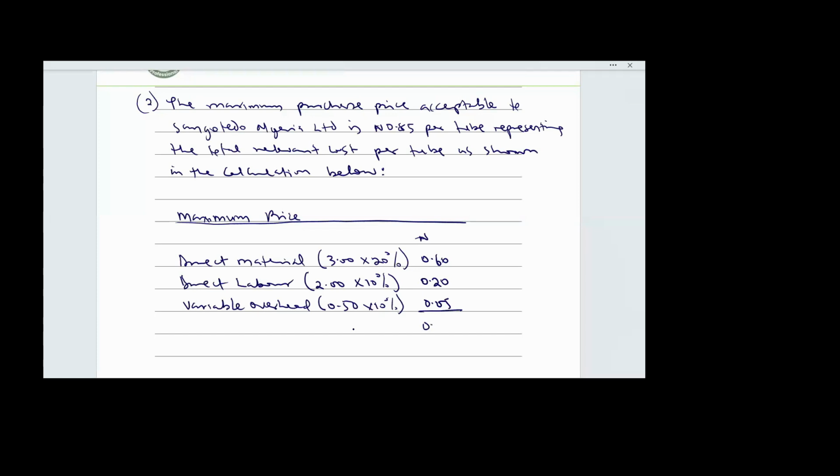Add it up, that's 85 kobo. So that's the maximum price. So that's what the examiner is asking you in the second requirement.